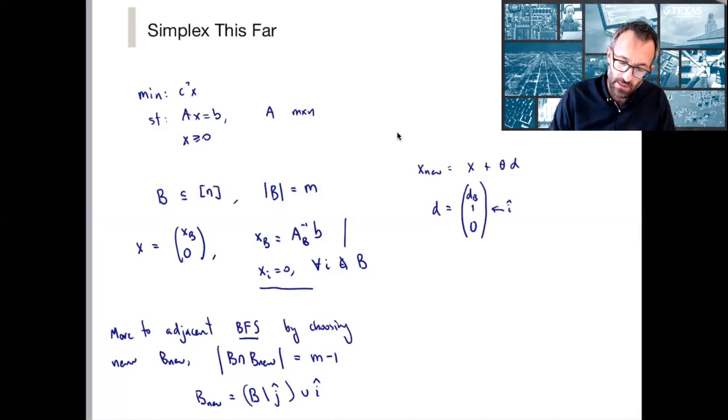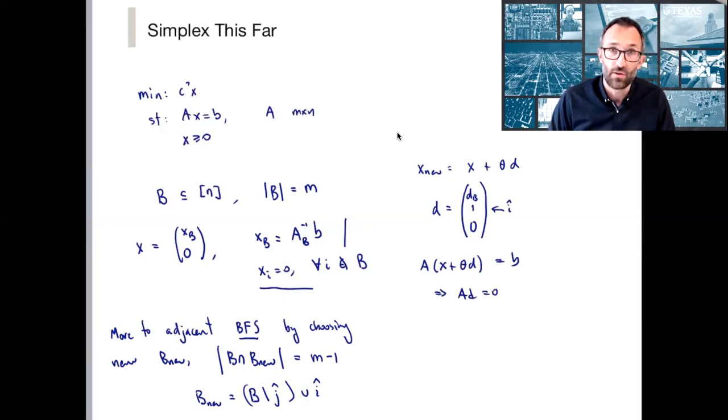And we computed, so this is again the i hat location, d_B is just determined by the requirement that A of x new has to equal b. And since x was feasible, this means that Ad is equal to 0, which means that d_B is equal to minus A_B inverse times A_i hat.